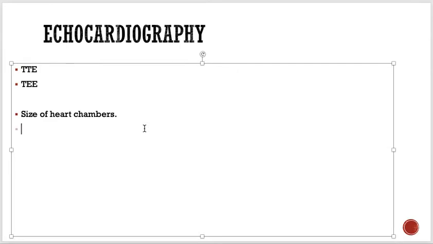We can also check the ventricular septal thickness. The septum between the two ventricles is normally less than 1.2 centimeters, but sometimes it can be thickened, for example in cases of HOCM, hypertrophic obstructive cardiomyopathy.